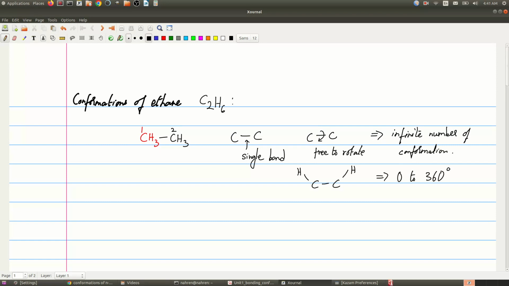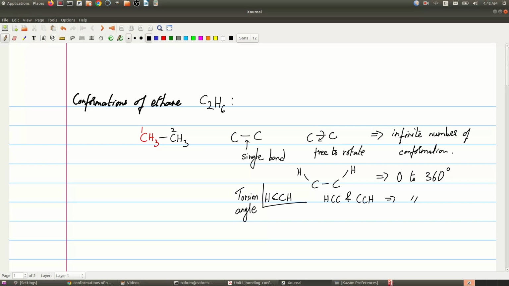This torsion angle between the planes formed by HCC and CCH can be between 0 and 360 degrees, and hence we can have an infinite number of conformations.